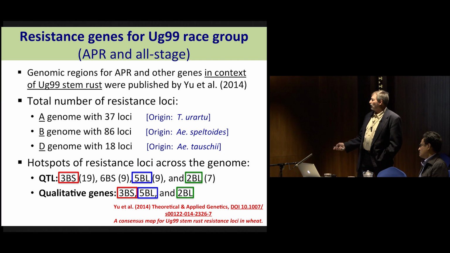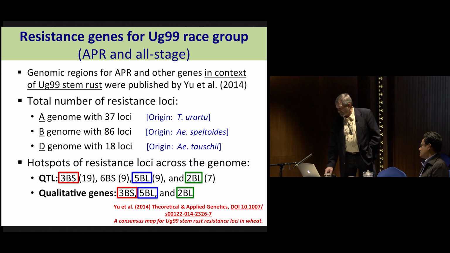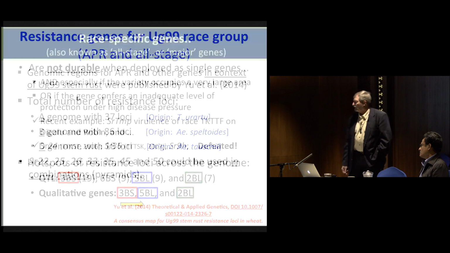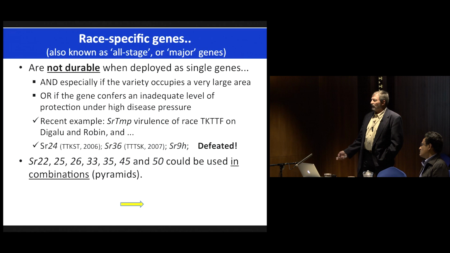And there are 7 quantitative trait loci on 2BL, and also some qualitative genes on 2BL. So there are hotspots in the genome, and the 2B chromosome seems to be particularly productive.